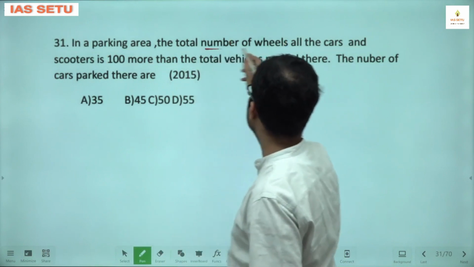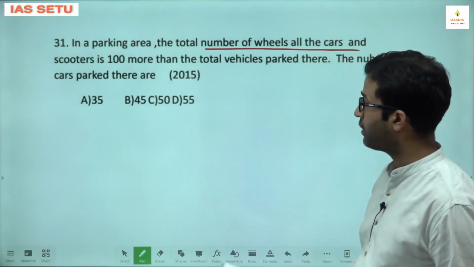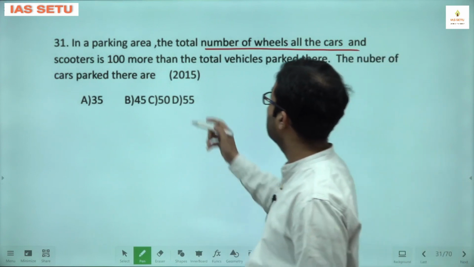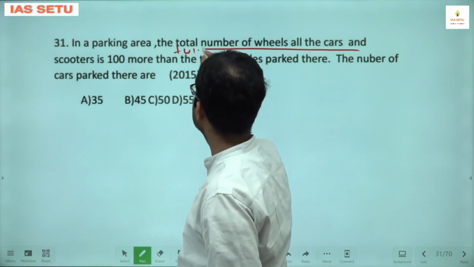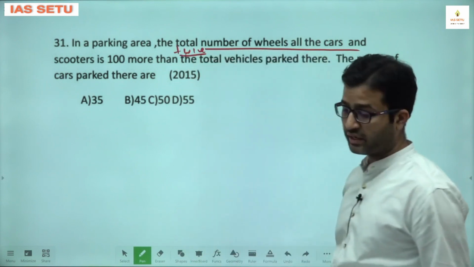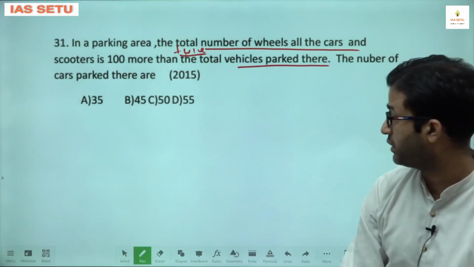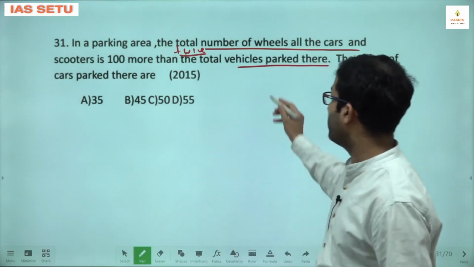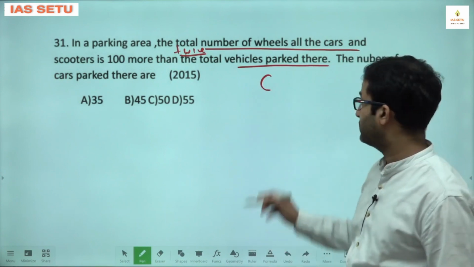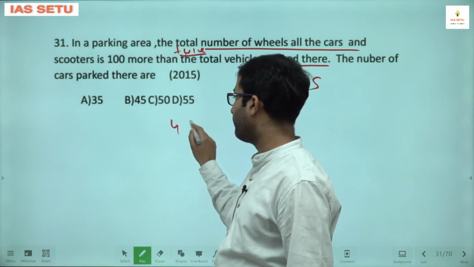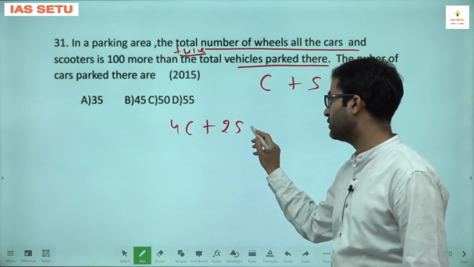In a parking area, the total number of wheels, all the cars and scooter is 100 more than the twice. So here you make correction: twice the total vehicle parked there. So here I take number of cars parked C, number of scooters parked S. Every car has 4 wheels, scooter has 2 wheels.